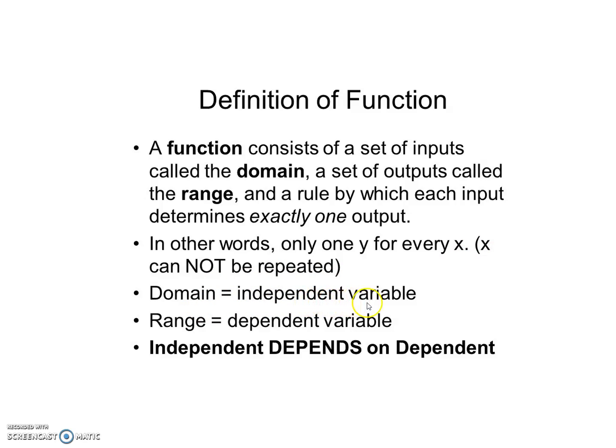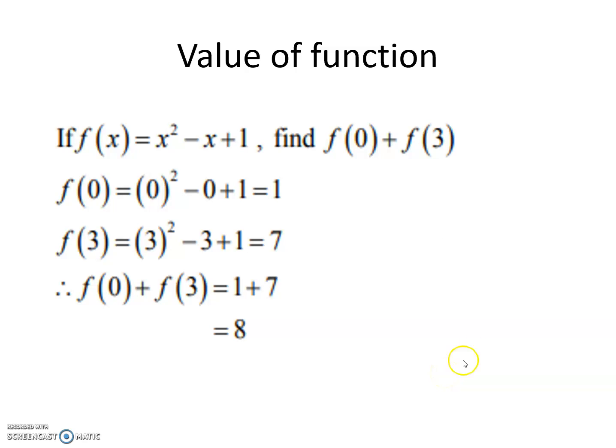Domain is the independent variable, range is the dependent variable. Always y is equal to f of x, where y is called the dependent variable, that is the range, and x is called the independent variable, that is the domain. So we have to revise and take examples based on these in the board paper.